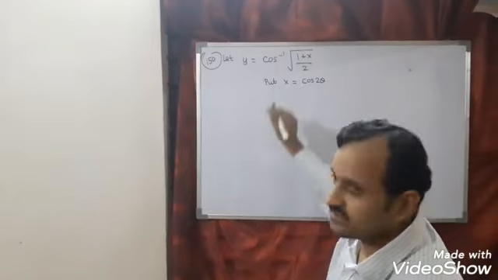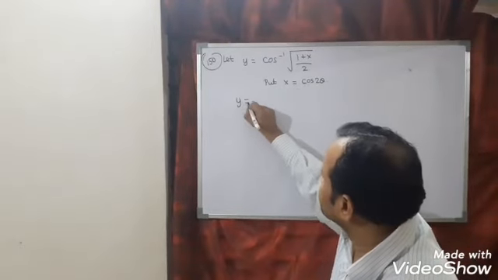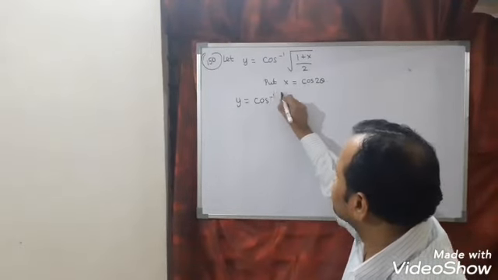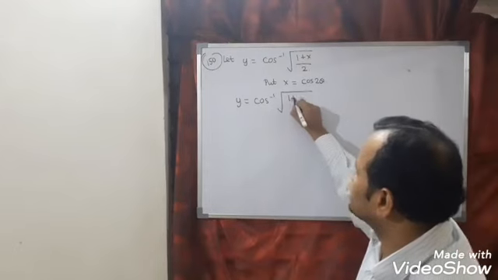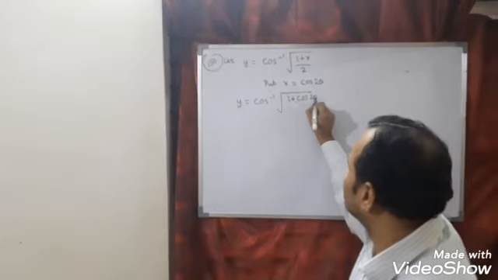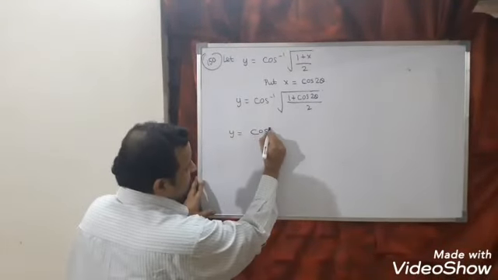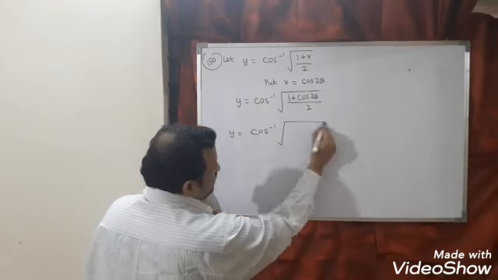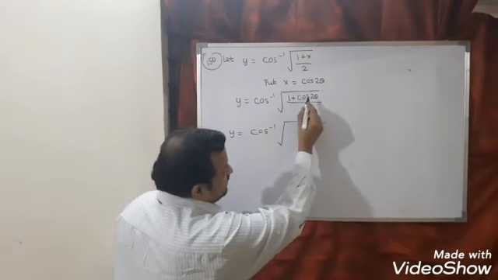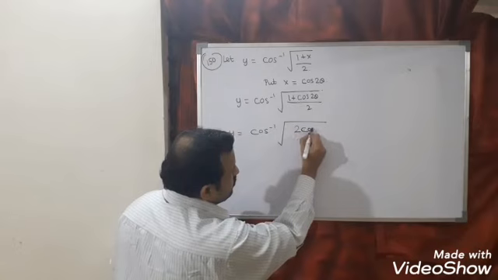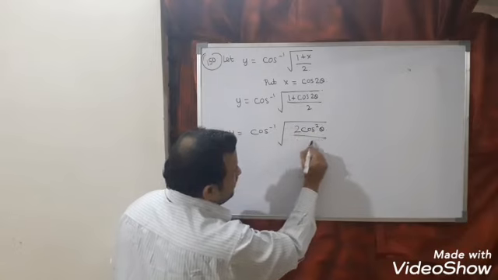Put this value in this, what you will get? y is equal to cos inverse square root of (1 plus cos 2 theta) divided by 2. What is 1 plus cos 2 theta? Standard formula is 2 cos square theta.